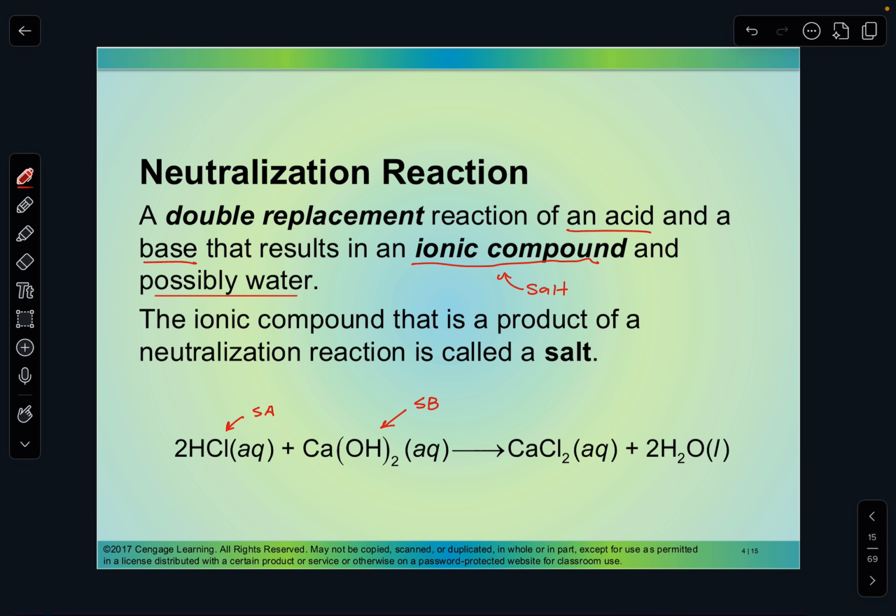When they come together, you end up getting a salt and water. This is one of those situations where you are reacting an acid and a base together. The net ionic reaction is going to be H plus plus OH minus goes to H2O. And we know that because everything else is going to be aqueous. The only things that are going to matter are the things that are going to contribute to making H2O.